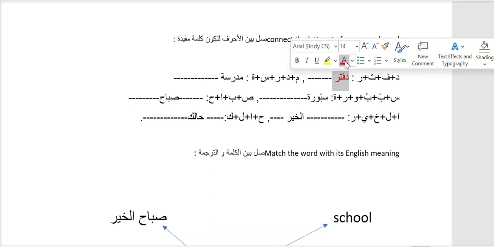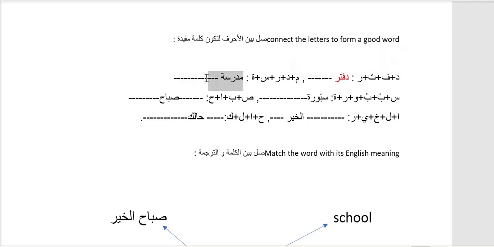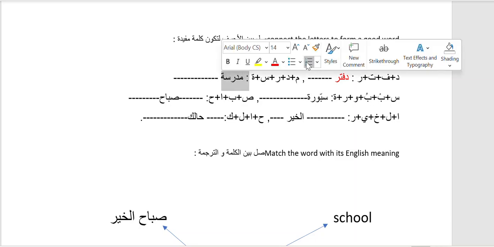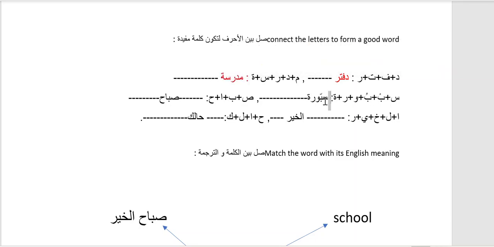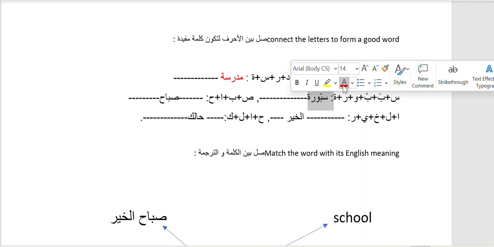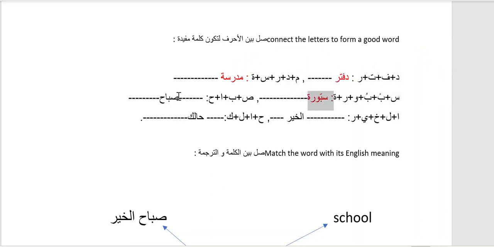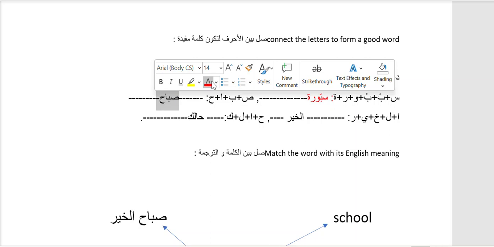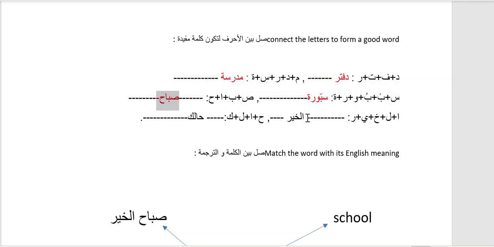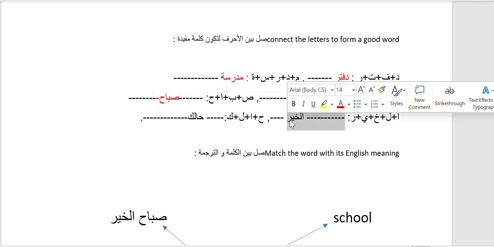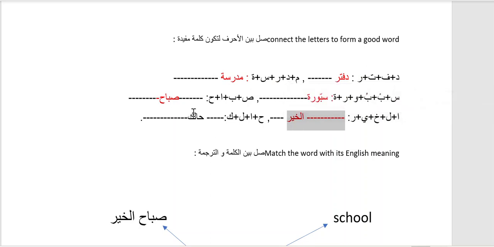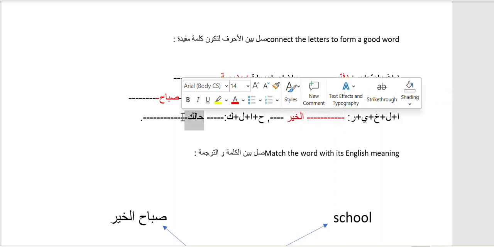Maybe it's better if we do it in red. It's more clear. Madrasa, sabura, sabah, al-khair, and haalak.